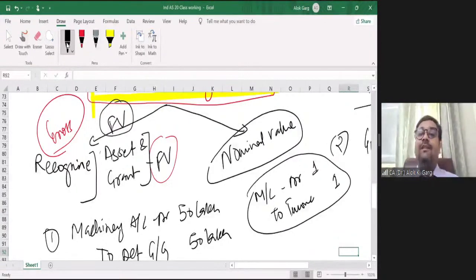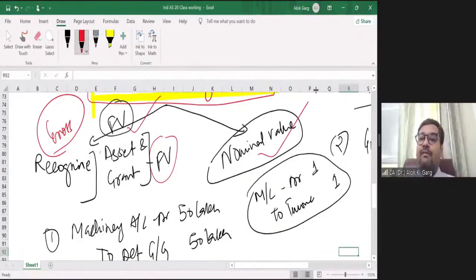If the machinery is coming at 1 rupee or 10,000 rupees, at a nominal value, of course there will not be any depreciation in the P&L and there will not be any income in the P&L. Or let's say if the machinery has been recognized at 1 lakh rupees, then 20,000 rupees has to be recorded in the P&L as depreciation every year. I hope you guys are clear on the fair value approach and nominal value approach.